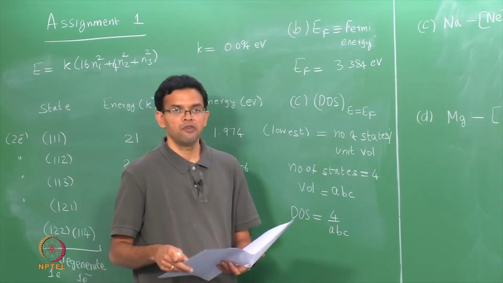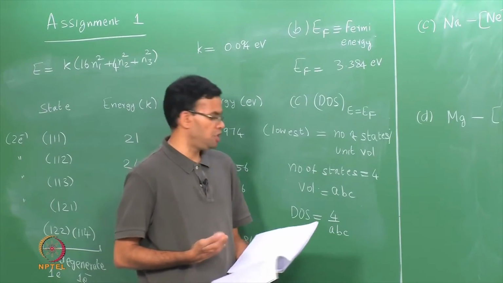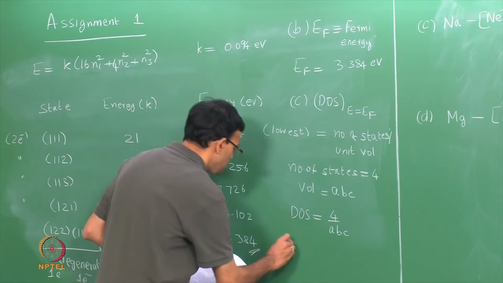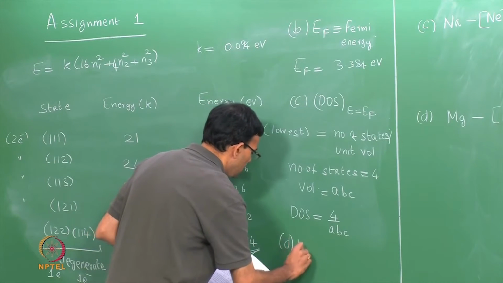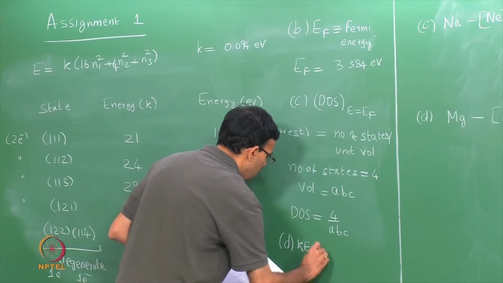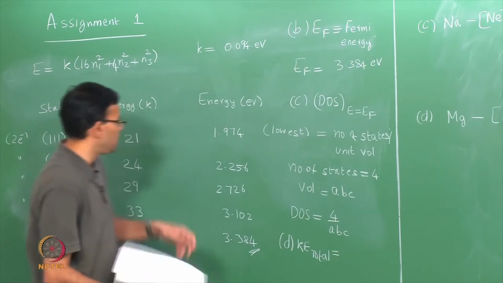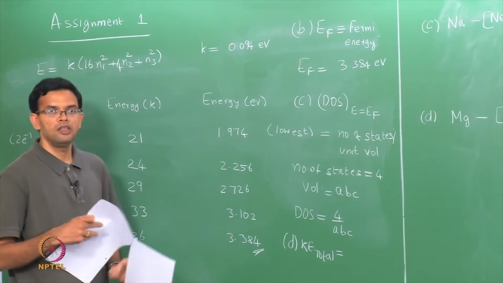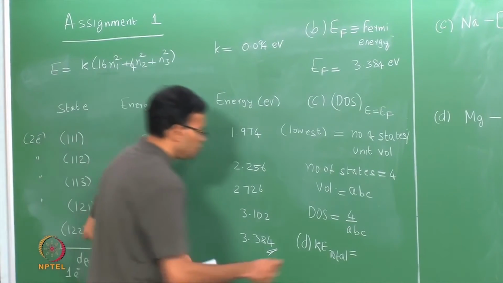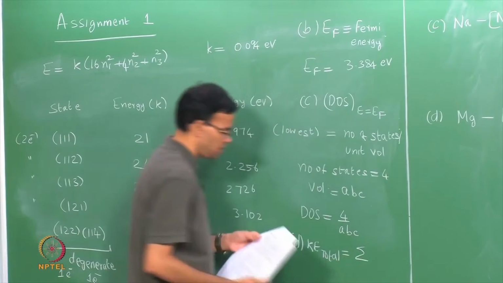Part D, we want the total kinetic energy of all the electrons. So, the total kinetic energy is nothing but the sum of all these energy values. So, you just add all these numbers.